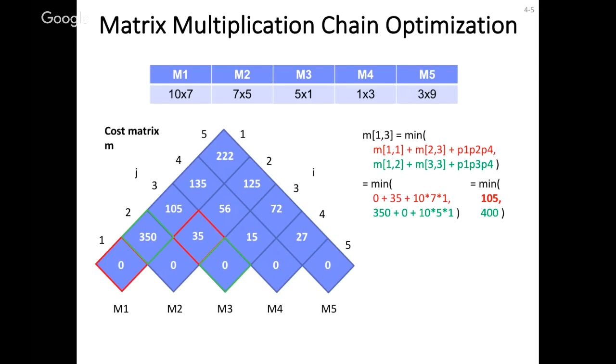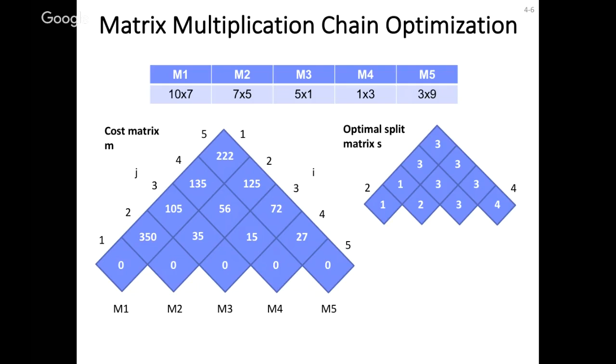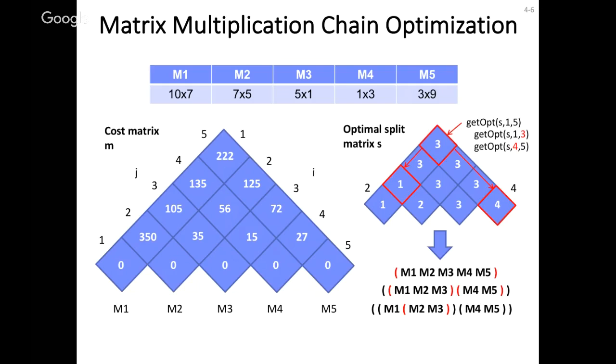While we fill up this cost matrix, we also maintain the path we've taken to arrive at those costs, which gives us a so-called split matrix. And then it boils down to recursively reading out the path in that split matrix to arrive at the optimal parenthesization for our matrix multiplication chain.